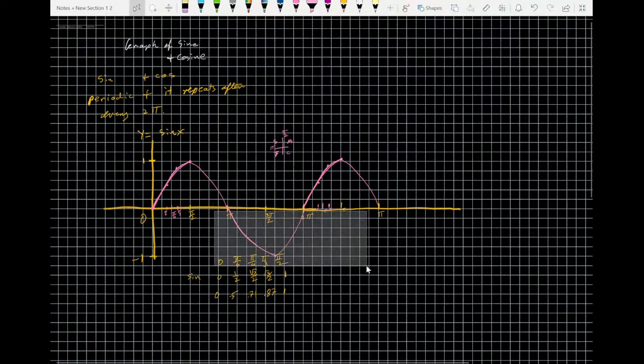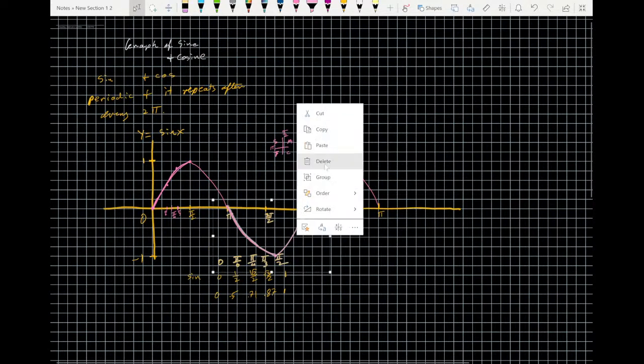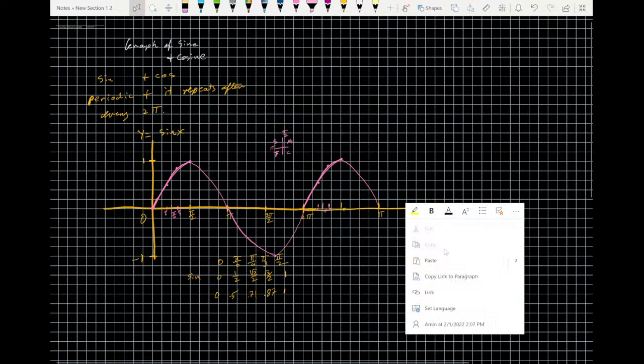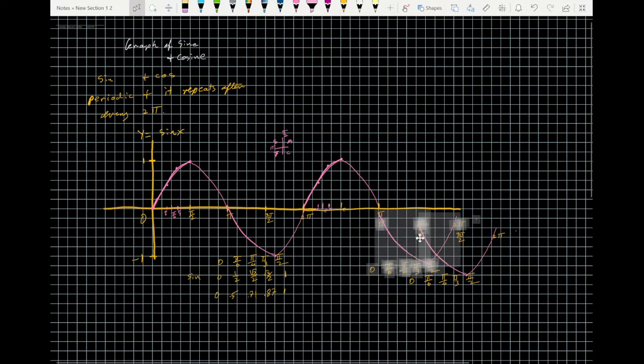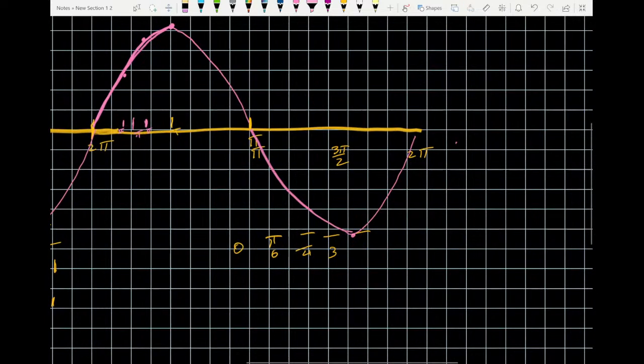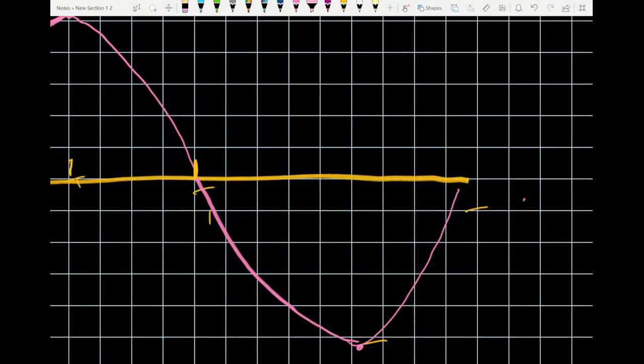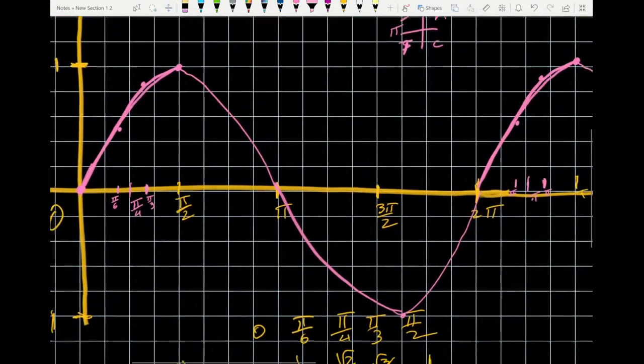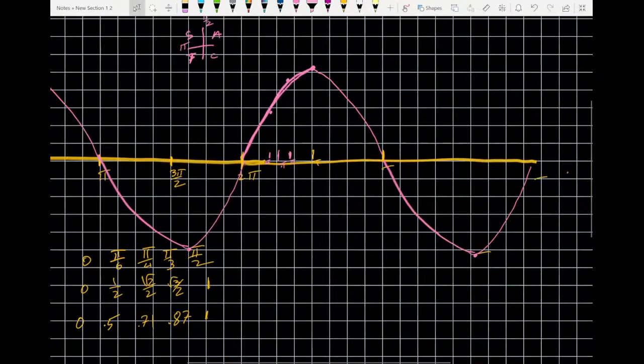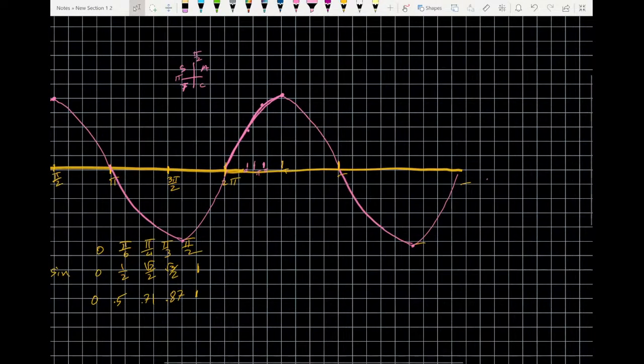And same also over here. So right away, you see that this is from 2 pi to 4 pi, and you get the same graph over and over again. So it oscillates. That's what sine is.